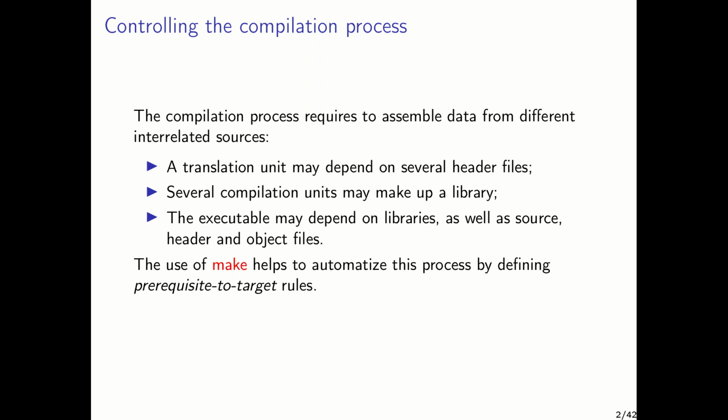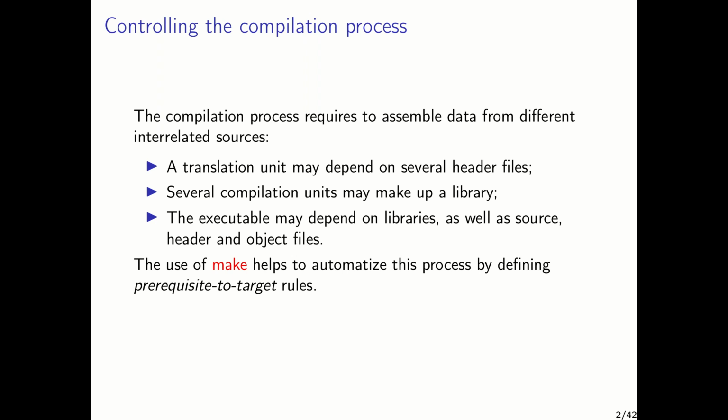Normally, what happens when you compile a program? The program is typically made of many translation units. Each one has to be compiled. The translation units are typically made of a source file and several header files that are included.